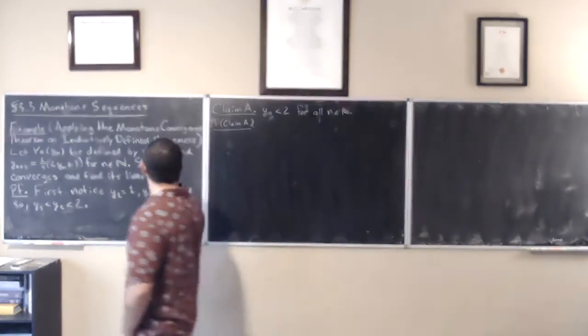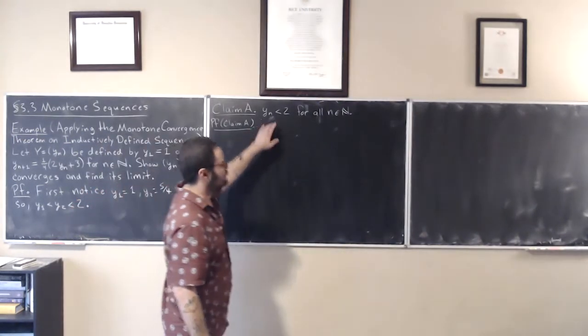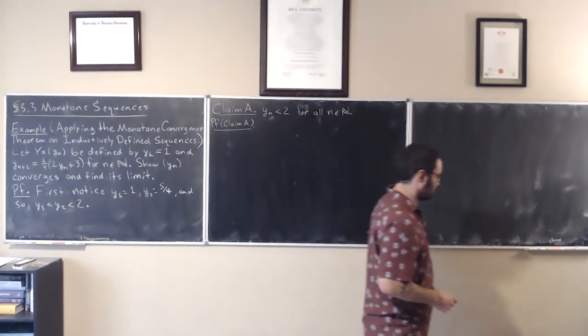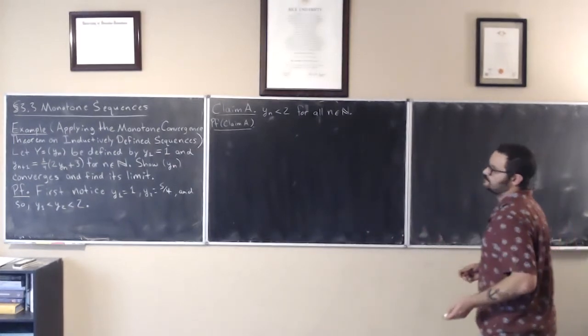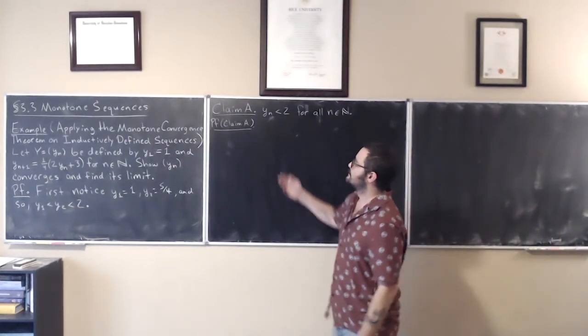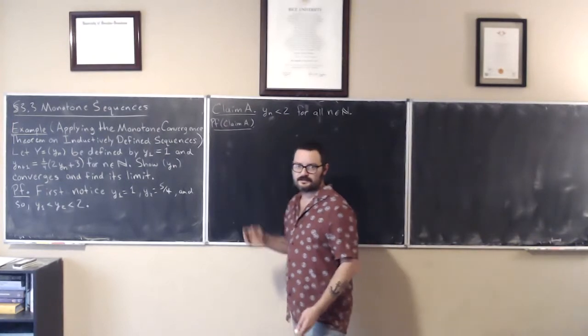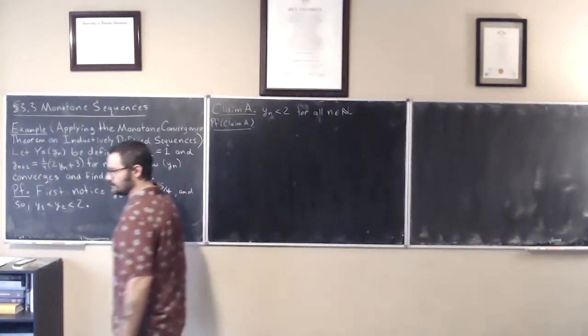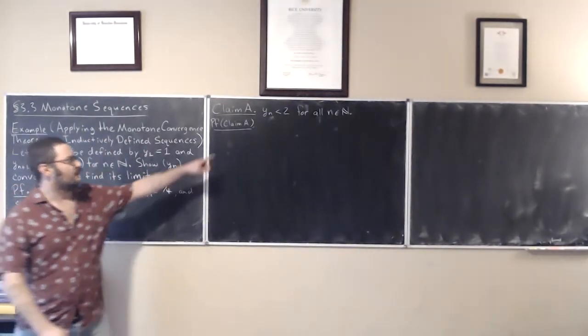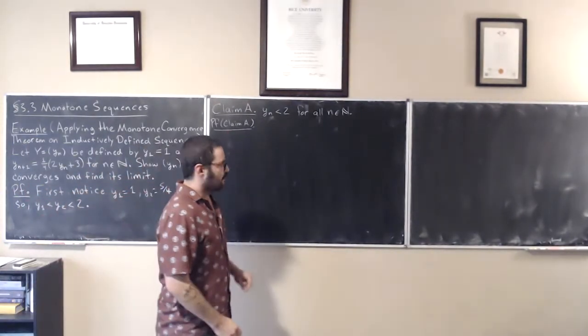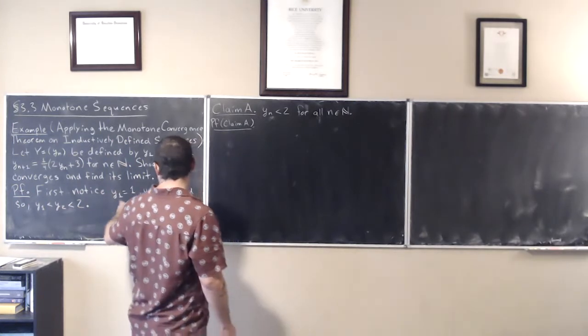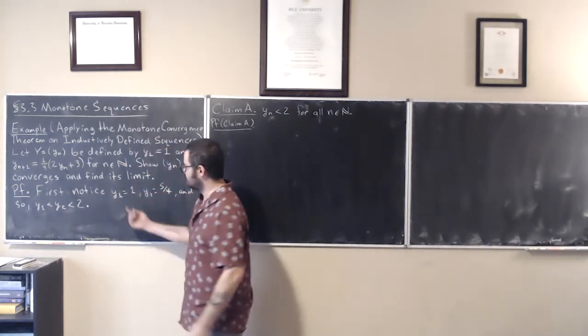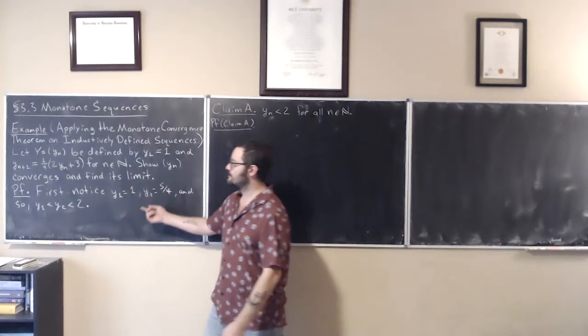So what we're going to do to establish this is we're going to suppose by contradiction that it's false for some index. Some natural number is going to break that bound. And notice that the natural number that breaks that bound can't be 1 or 2 because both of those terms are less than 2.